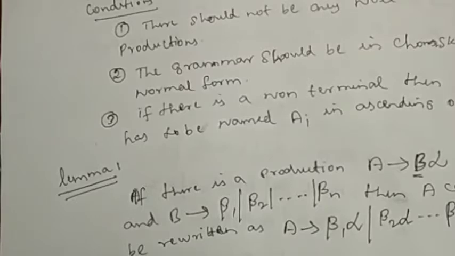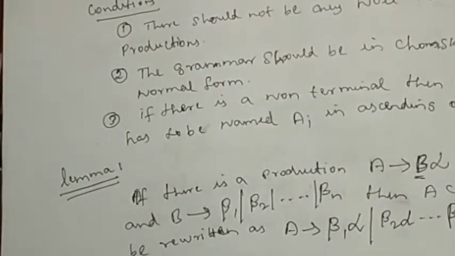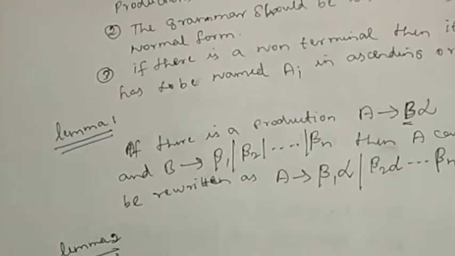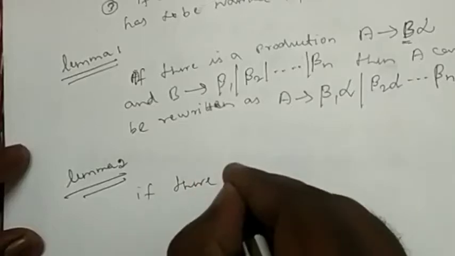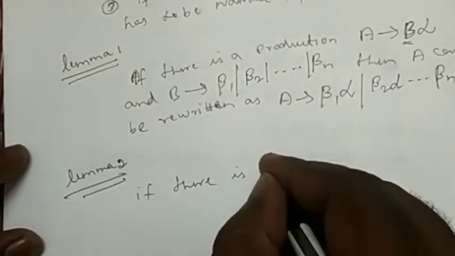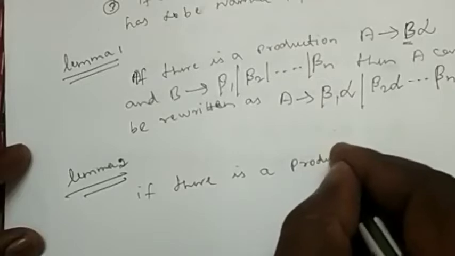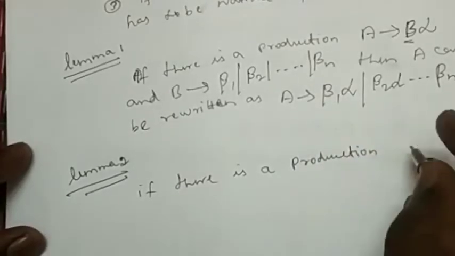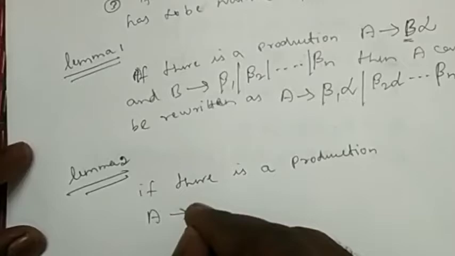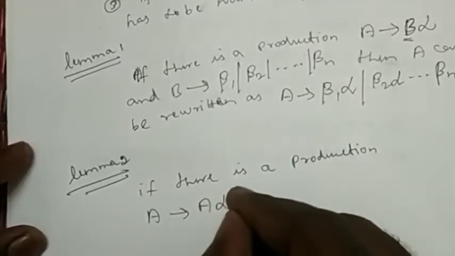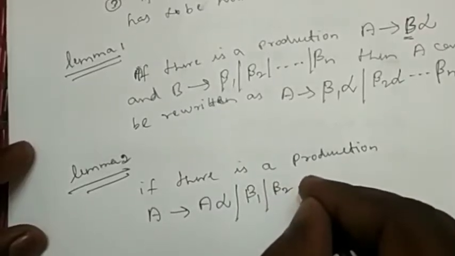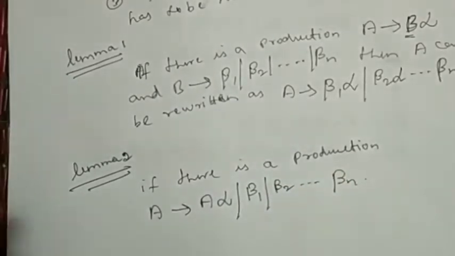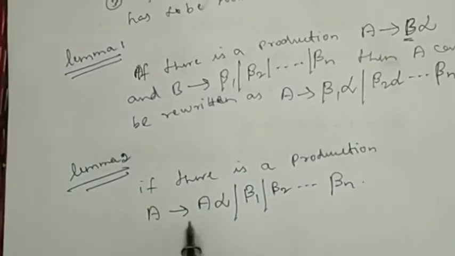And lemma 2 says, if there is a production A tends to A alpha bar beta 1 bar beta 2 up to beta n, that means A tends to A alpha is called left recursion.